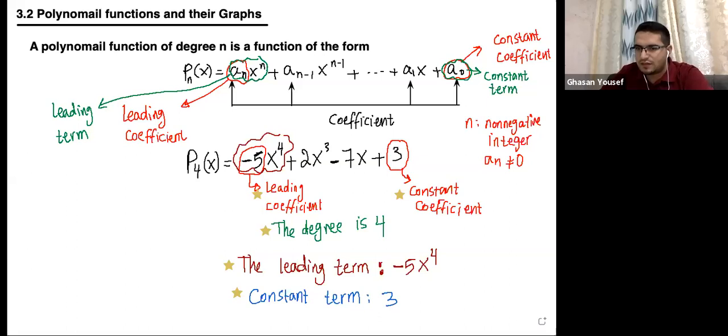When we say the leading coefficient, that is minus 5, yes. The leading coefficient, minus 5, is the coefficient of x to the highest power. What is the highest power? It is 4. So the highest power is x to the power 4, and the coefficient is the number in front of x to the power 4.